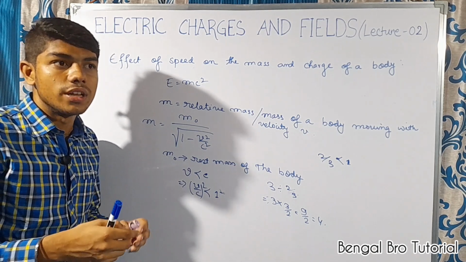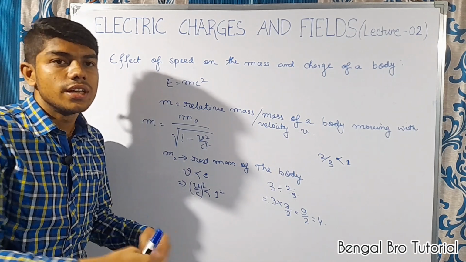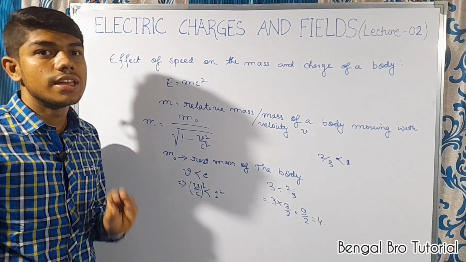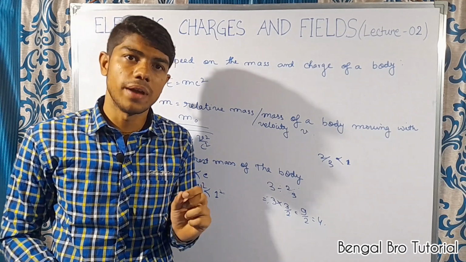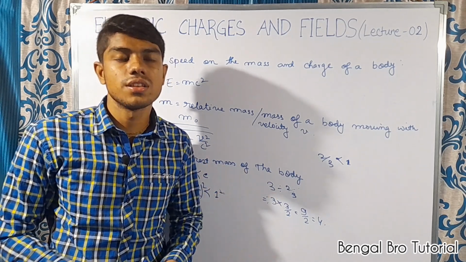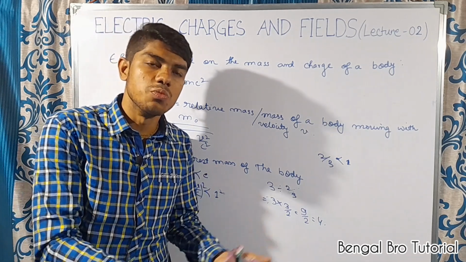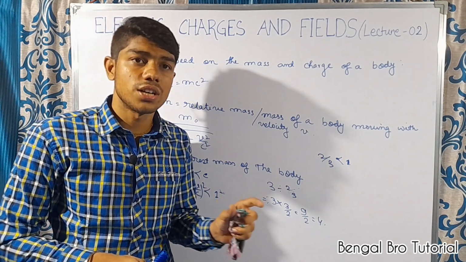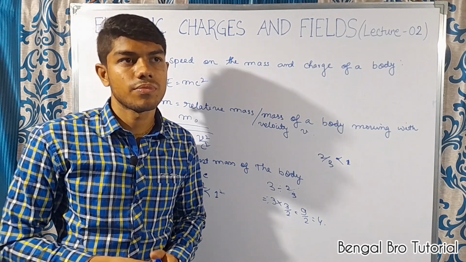The mass of a body depends upon the frame of reference from which it is measured. But charge is invariant, means charge does not depend on the frame of reference from which it is measured. Whether the charged body is moving or at rest, the magnitude of charge measured in both the frames of reference will be same.